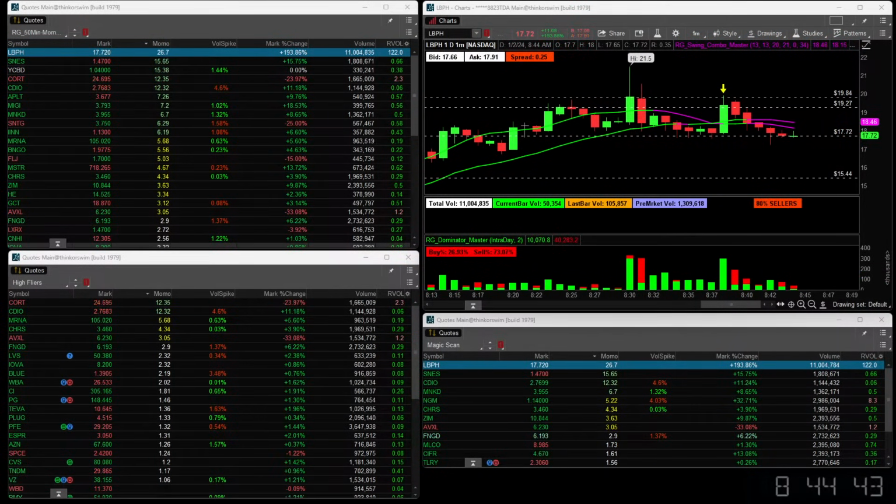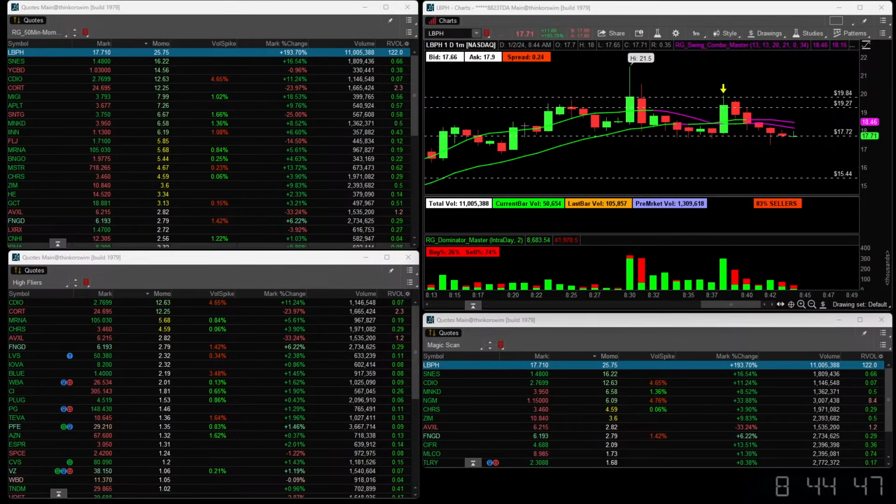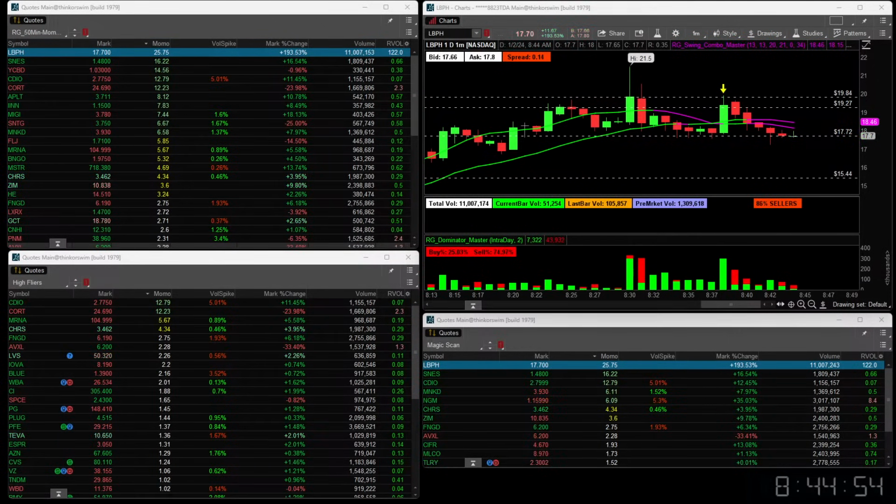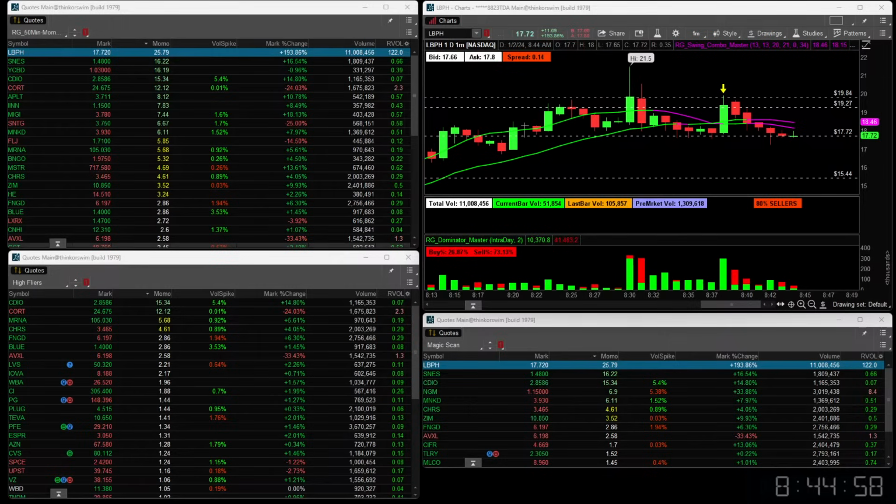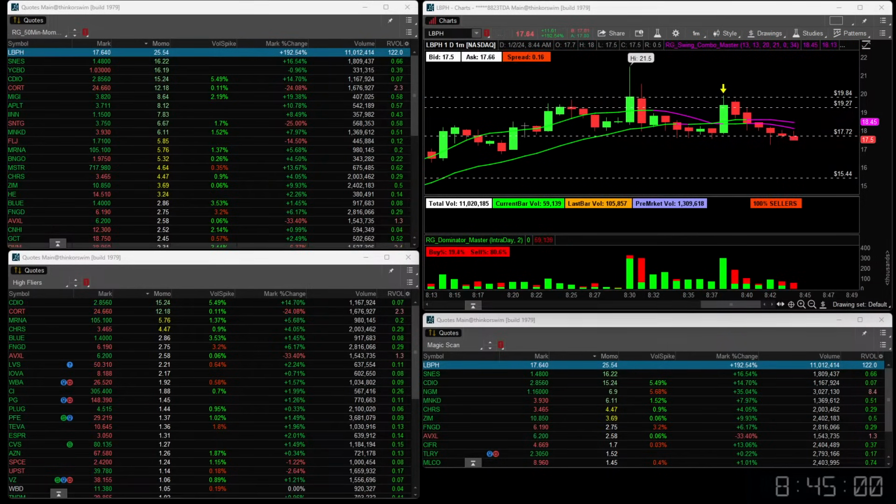Two purple lines, you got to be cautious when those lines are purple and turning down. We need buyers. If we don't have the buyers, we're not going to go back up.